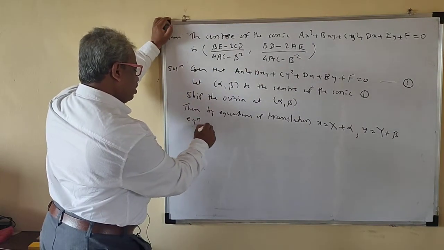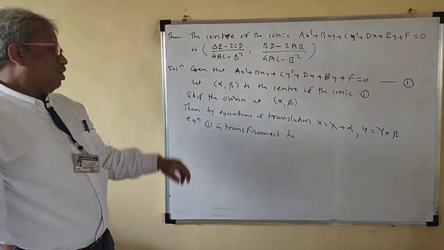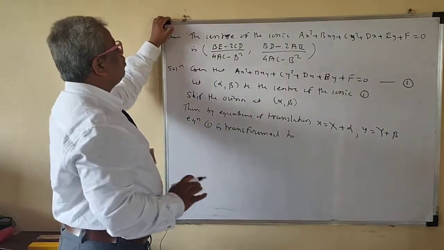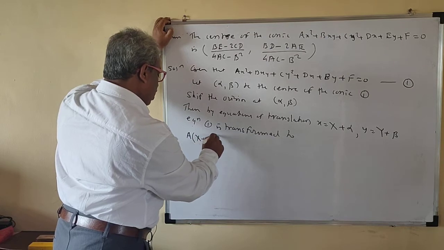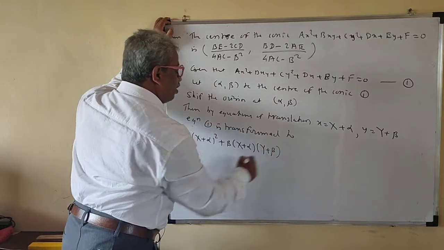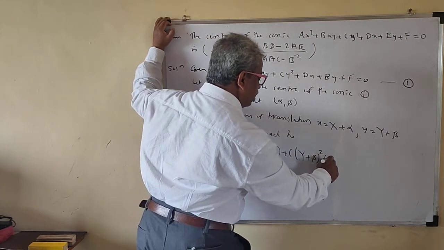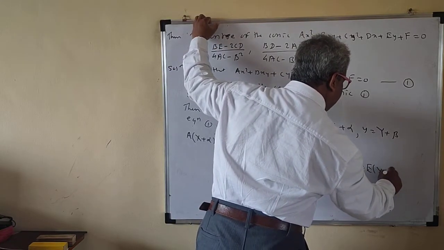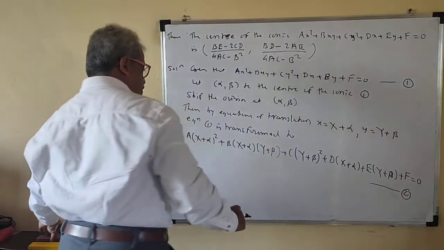So equation 1 is transformed, since we want to find the values of alpha and beta, to a(X + alpha)² + b(X + alpha)(Y + beta) + c(Y + beta)² + d(X + alpha) + e(Y + beta) + f = 0. No need to expand this. We call this 2.